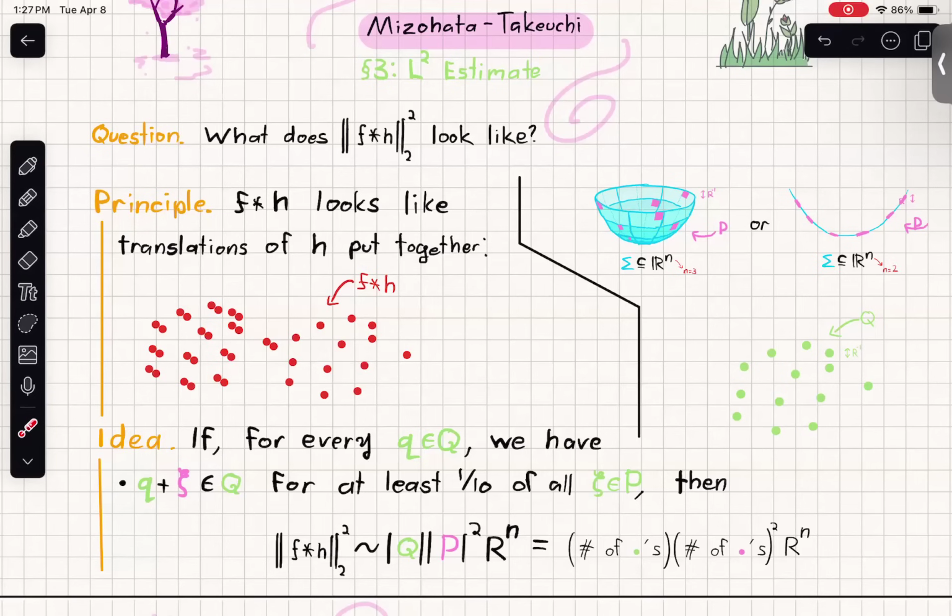So we can quantify this like this. We pick a green point, and then I'm just going to say pick a pink point at random and translate it by that. So maybe we're starting with this point and then we pick a random pink direction to translate it by, say this direction.